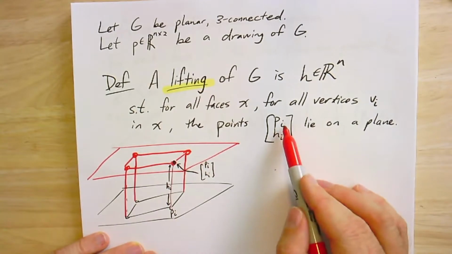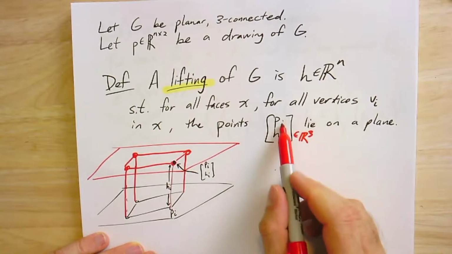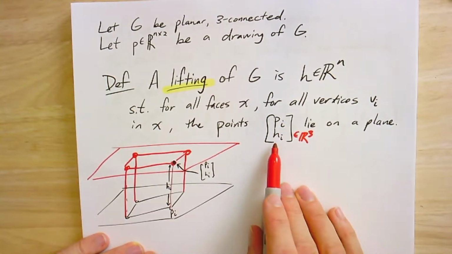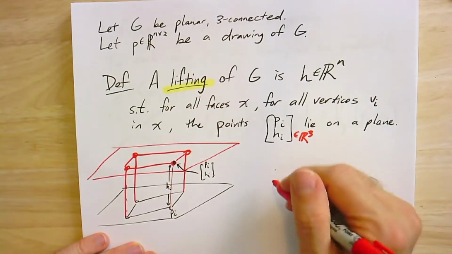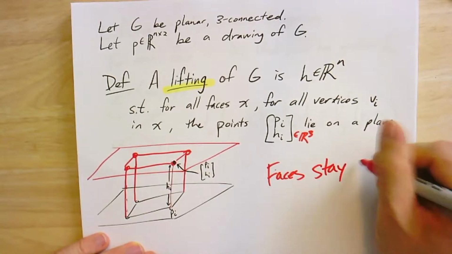Okay, so you should think of this as a point here in R3. Right, I had 2 coordinates for the point in the plane plus an extra coordinate, which is the height. So I've lifted this graph up into R3, and all of the faces had to stay flat. That's really the key idea. Faces stay flat.